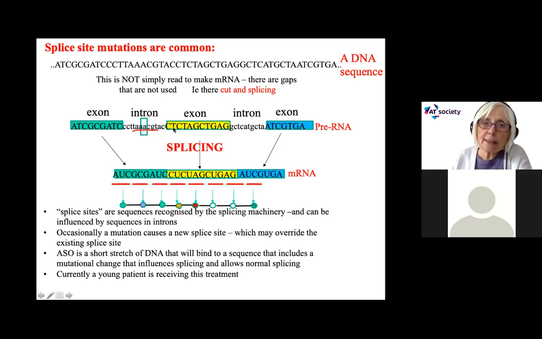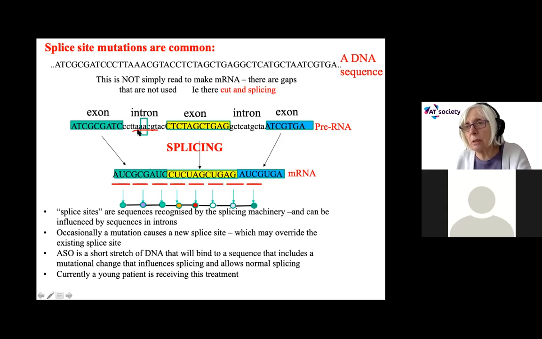So if you give it this little sequence, it will very avidly go and bind here. By binding, it can prevent this being used as a splice site. So then you get normal restoration. Now, of all the splicing mutations, there are not so many that arise from creating a new splice site here.